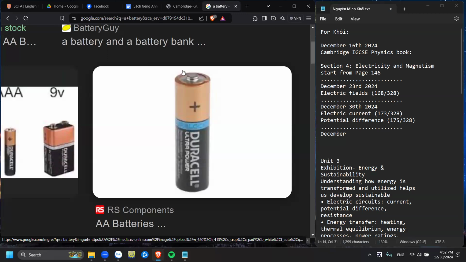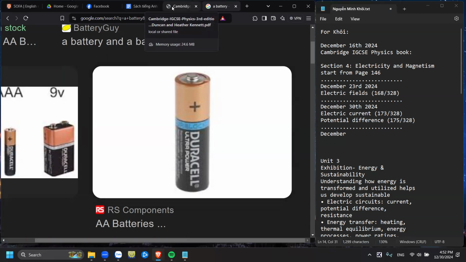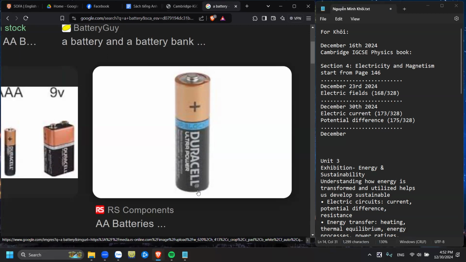The difference between the two sides of this battery is called potential difference. It's like in one room, if here you have 10 people and here you have 0 people, the difference between the two is 10.